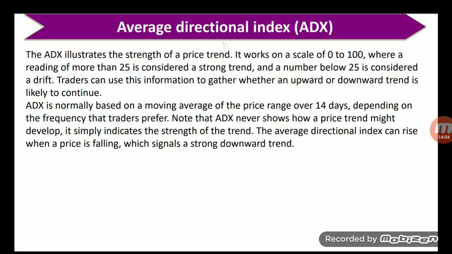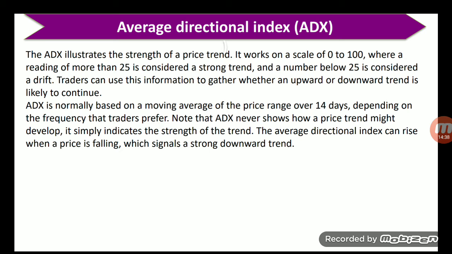Traders can use this information to gauge whether an upward or a downward trend is likely to continue. ADX is normally based on a moving average of the price range over 14 days, depending on the frequency that traders prefer. One more thing, ADX never shows how a price trend might develop. It simply indicates the strength of the trend.